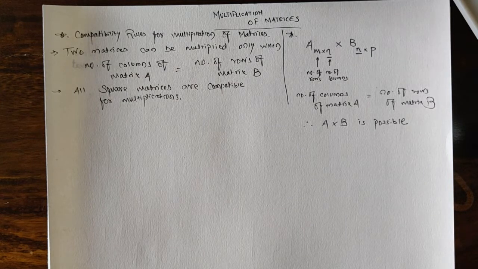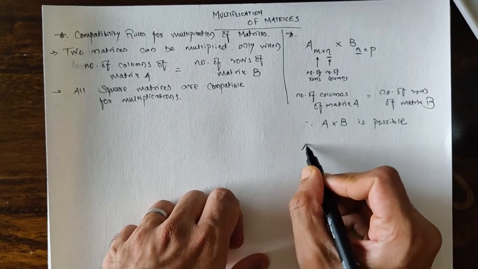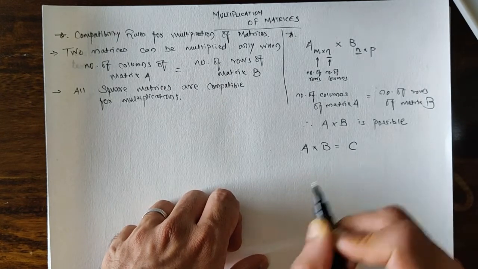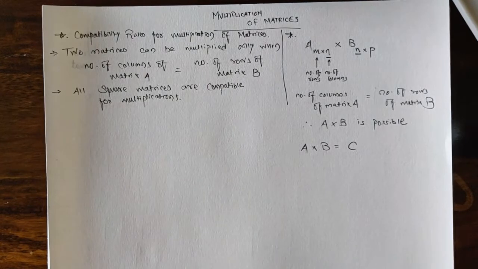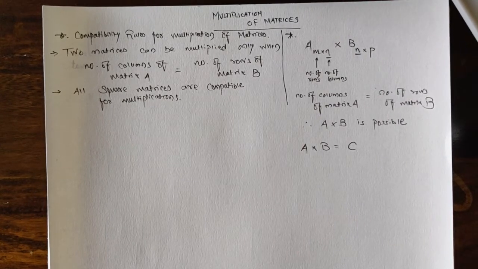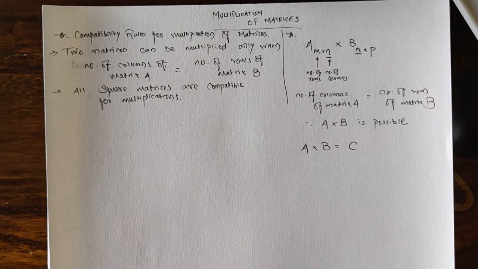Now the question is, what will be the answer? If you multiply these two matrices, you will definitely get a third matrix. Let's suppose that third matrix is C, that is, the product of matrix A and B is C. But what will be the order of C? The order of C can be predetermined, can be found before you multiply.